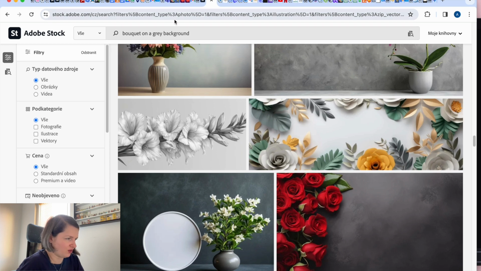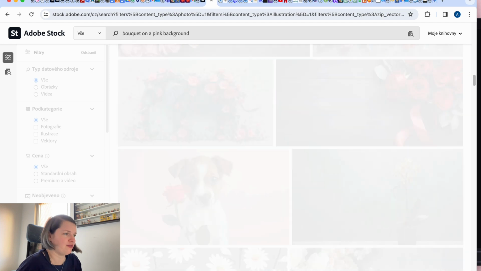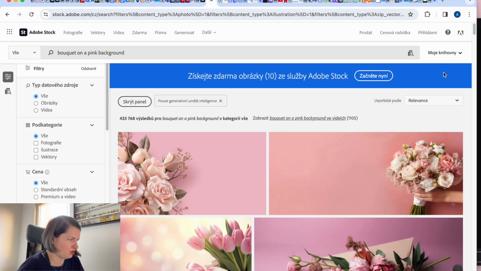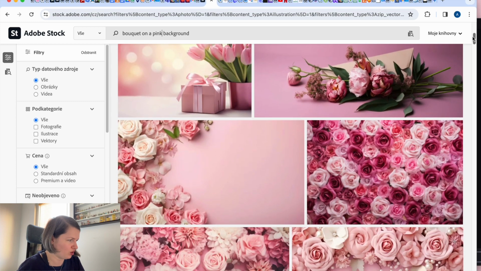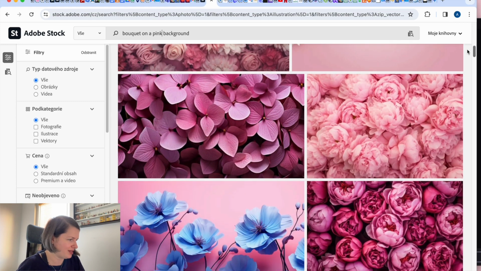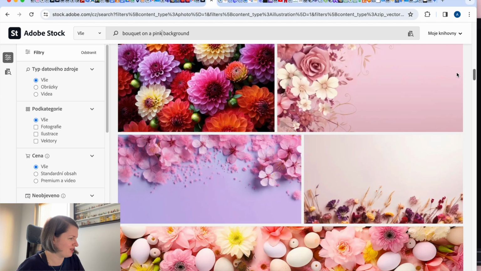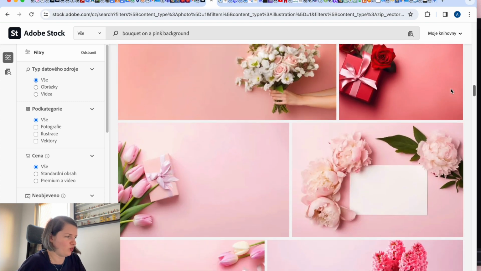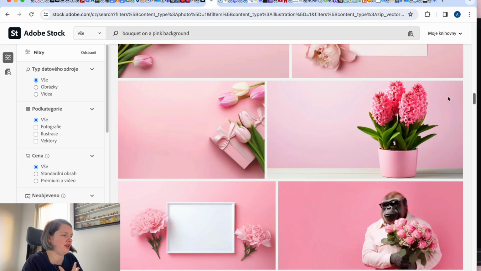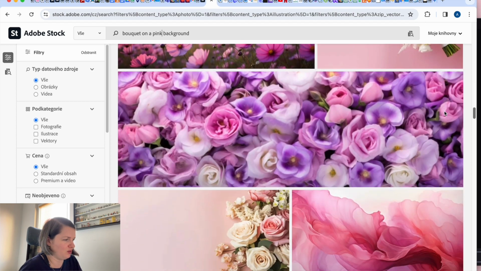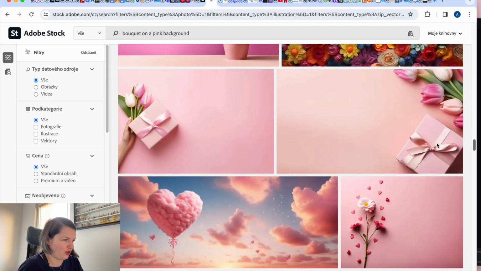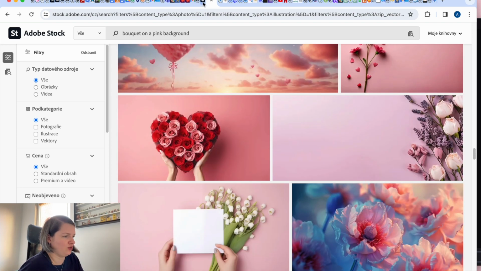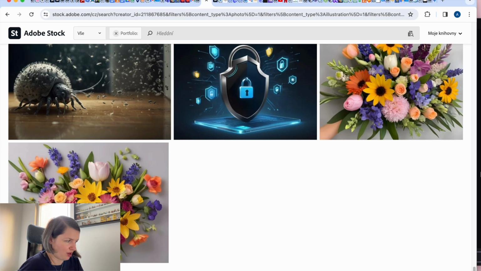And if we just use pink, you don't have to use pink, but I just want you to see the difference, that this is much more joyful, prettier, happier, more eye-catching, and these images have much more chances of being bought than when you generate on a gray background.